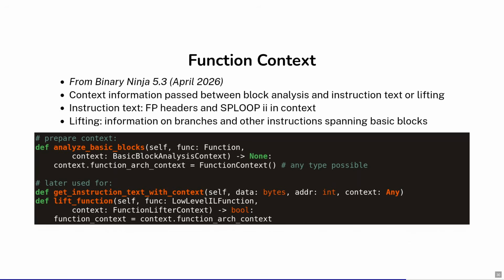And the SP loops also use multiple basic blocks, and the information how many cycles we are iterating is in the first instruction and not in the subsequent basic blocks, so we can store that as well. And for lifting, it's also very helpful because we can store which instructions are pending into another basic block.